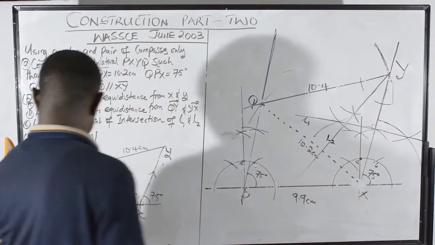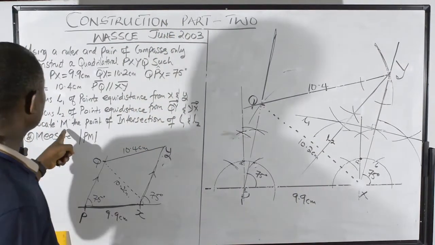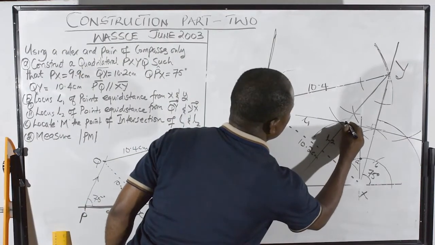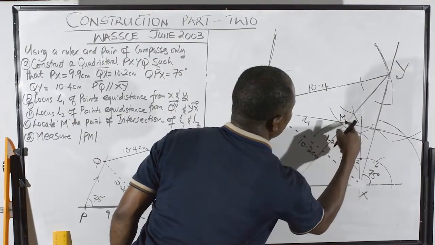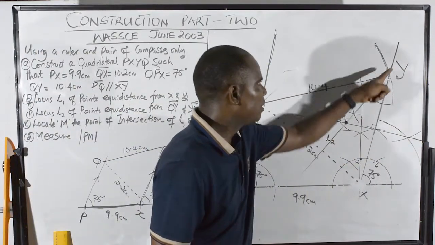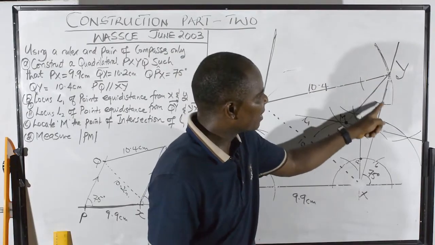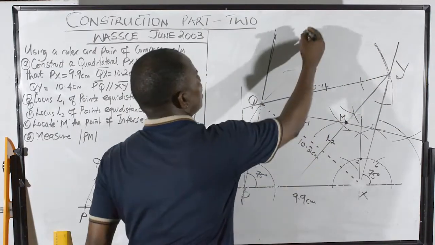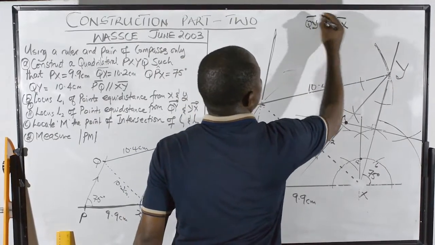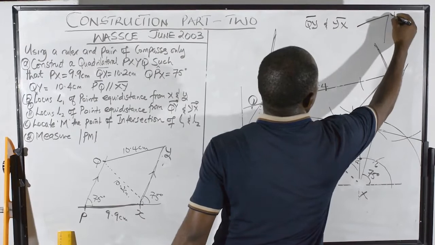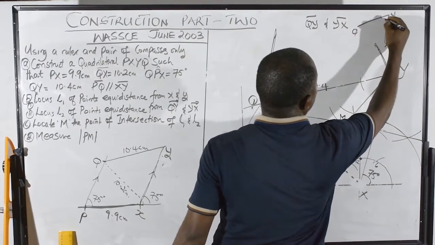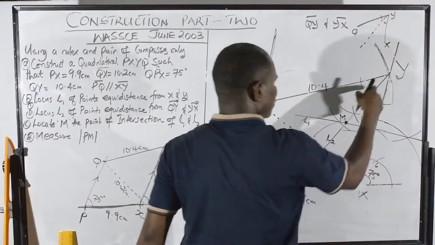So the question says L2 and L1, where they intersect, we will label that point as M. So this point of intersection is M. Now we have done the first locus, the perpendicular bisector, and the second locus here is to bisect the angle formed at Q because it says Q, Y, and YX. So you see that it's supposed to be the point of intersection of these two lines. There's this X, so we'll bisect this. That is the locus. That's what we've done here so far.